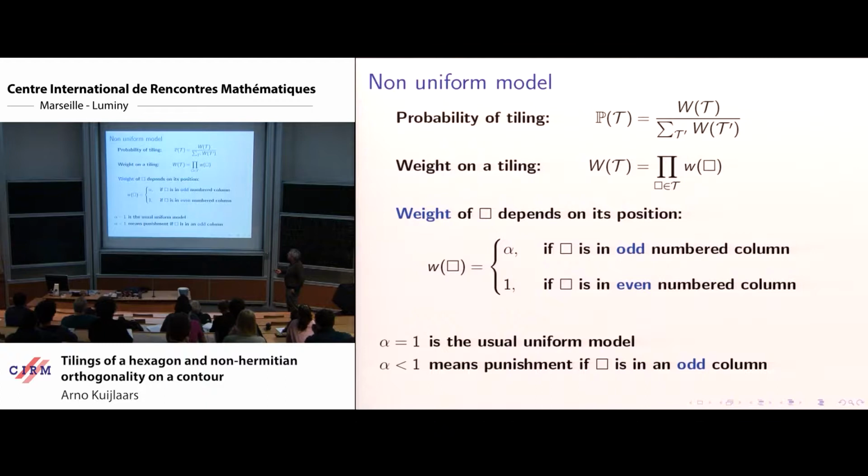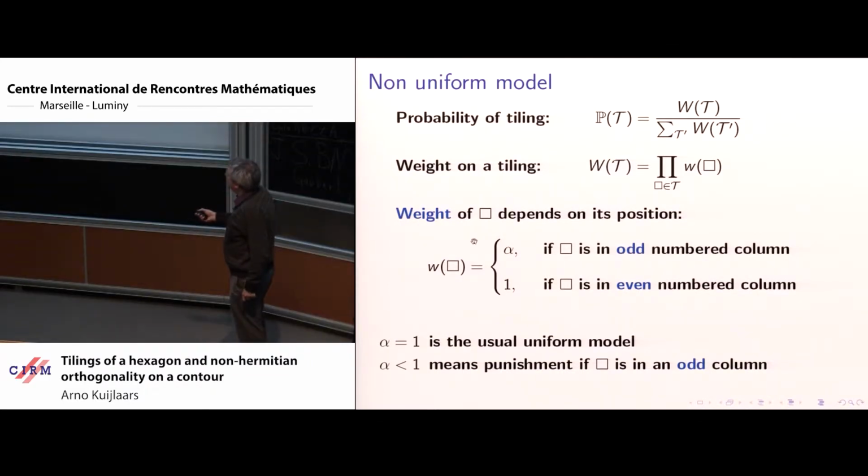Actually, the weight is determined by the weight of the square tile, and it depends on the vertical line that this square tile is in. If it's in an odd-numbered column, then I give it a weight alpha, which is a parameter in my model, and otherwise it's just weight 1. And my alpha will be less than 1.